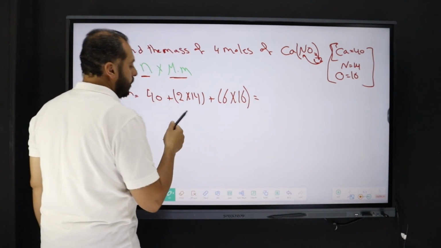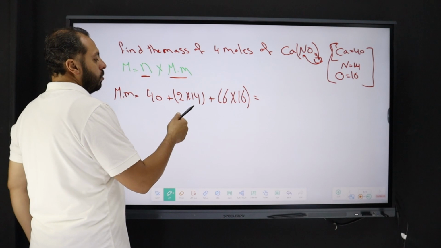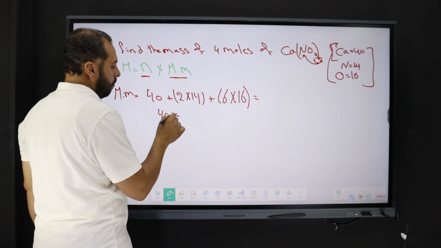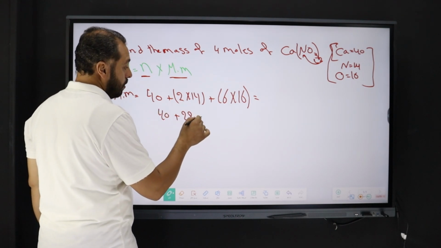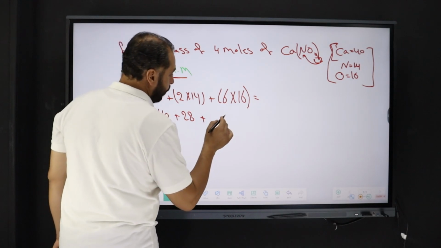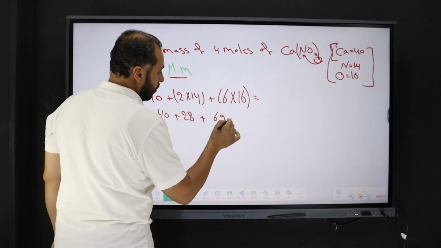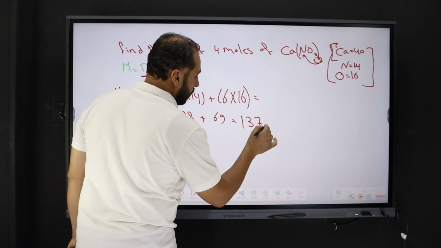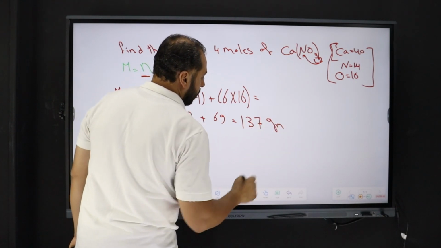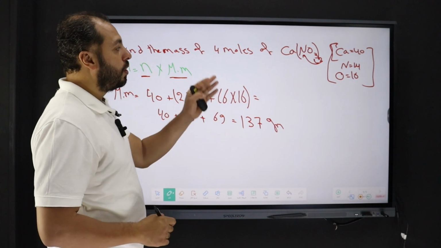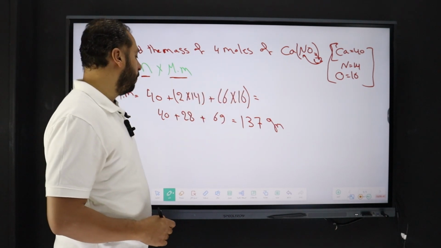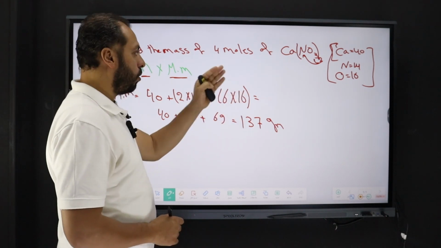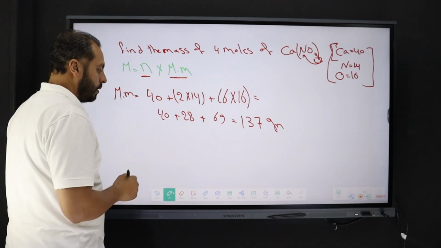40 plus 28 plus 96 equals 164 gram. This is the molar mass of this substance.